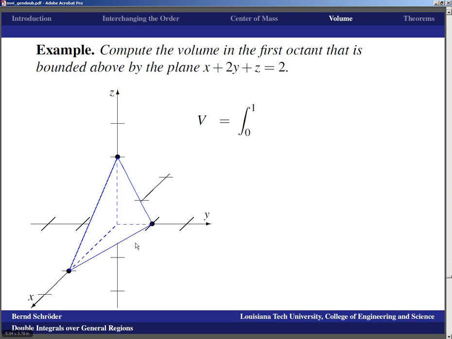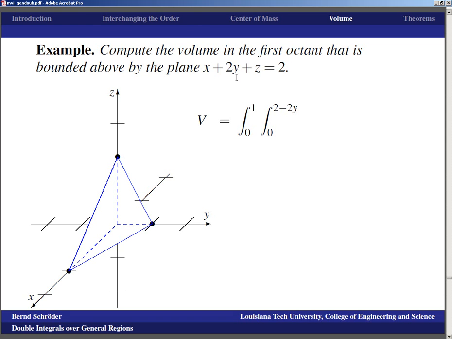x-intercept 2, and then goes down for every 1 across, it goes 2 down. So this line is actually the line 2 minus 2y, and so that means the inner integral goes from x equals 0 to x equals 2 minus 2y, because when we're going like this, then we're going in x bounds.